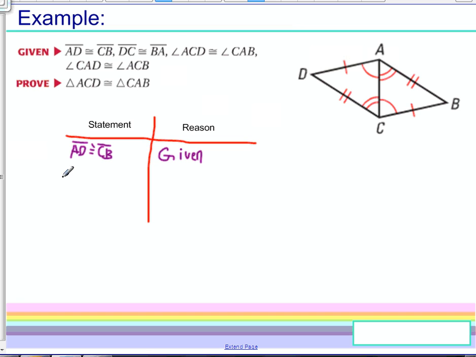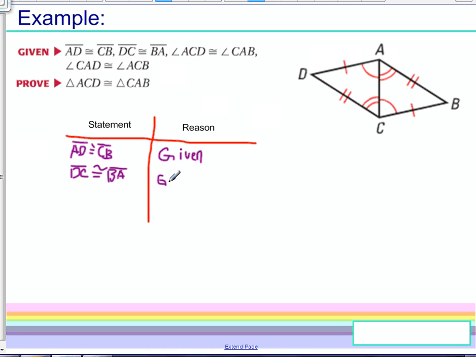All right, again, which is marked up here, I have DC is congruent to BA, and that again is given.